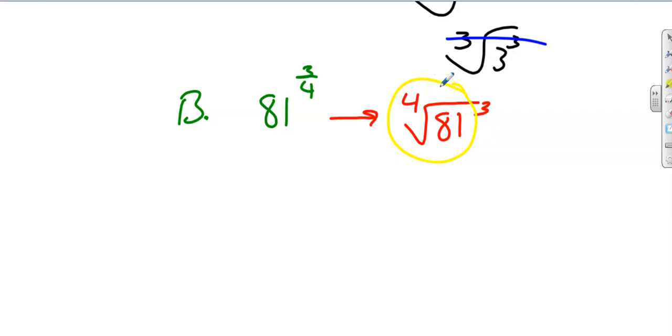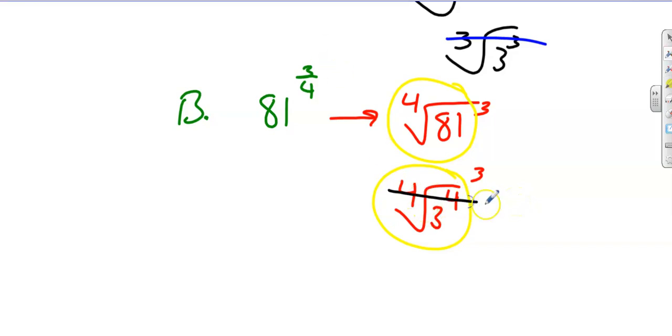And if you go back and check the 4th root of 81, 81 is 3 times 3 times 3 times 3. So this would be the 4th root of 3 to the 4th power, if you want to look at it that way. Then we're cubing that. And again, if the index and the power are the same, they cancel each other out.